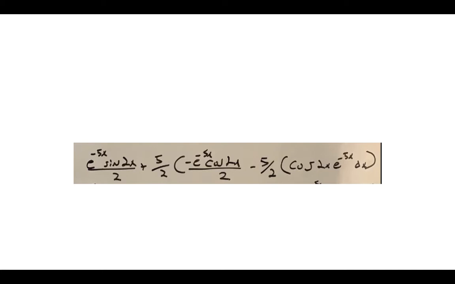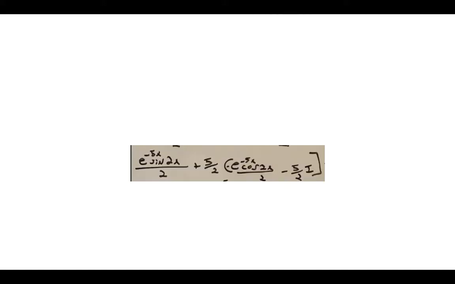The original problem was the integral of cosine 2x e to the minus 5x. In cases such as these, wherever you see cosine 2x times e to the minus 5x, you just put an I over it. That's going to be the variable I. You don't need the I, but it's so much simpler if you just use it.